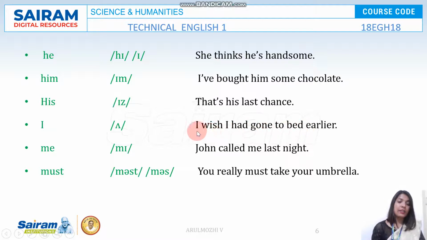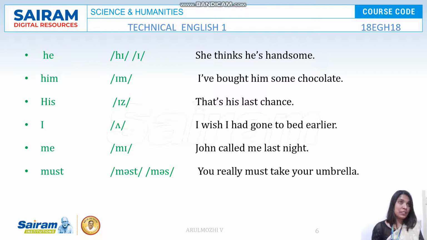The first I takes the strong form because whenever we use it at the beginning, most of the times we tend to pronounce it correctly. But in between, when we talk faster, it becomes a. Next, me becomes weak me. Must becomes weak must. Take for example, you must come.